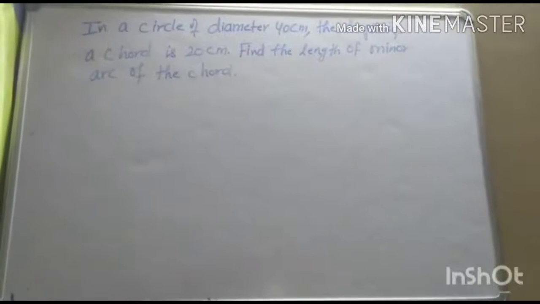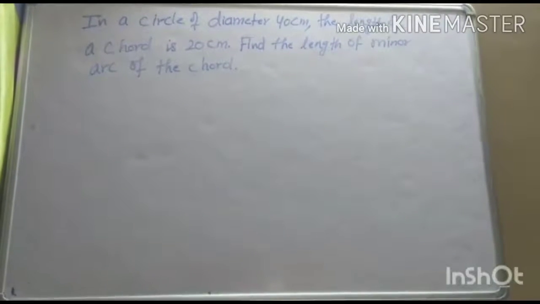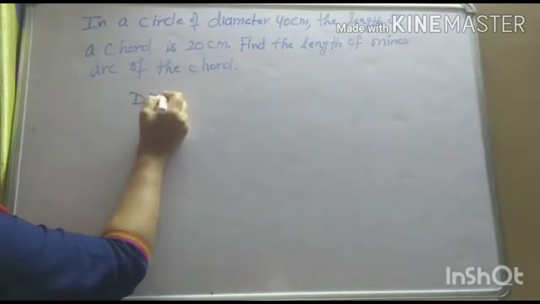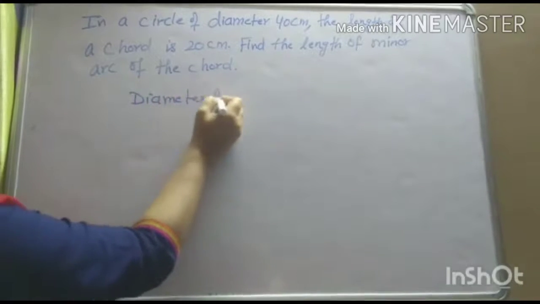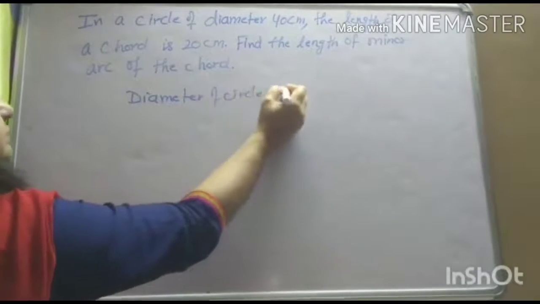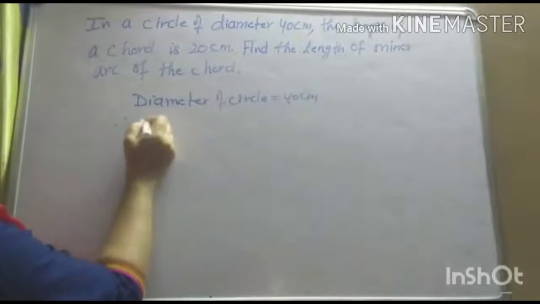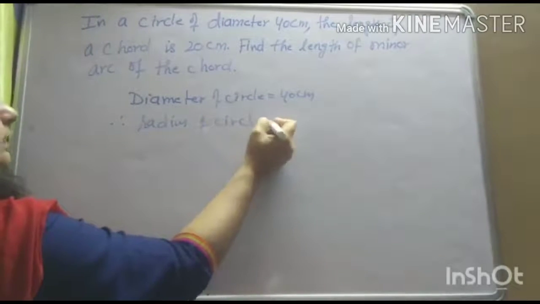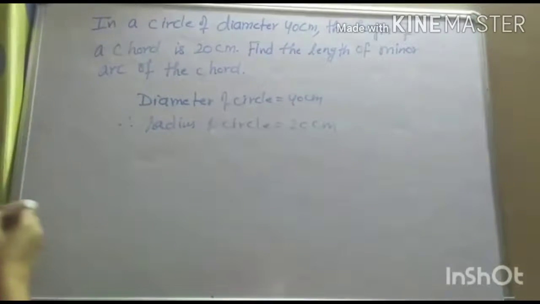Now we will do some questions based on the formula theta is equal to L by R. The first question is, in a circle of diameter 40 centimeter, the length of a chord is 20 centimeter. So the diameter of the circle is 40 centimeter, therefore the radius of the circle is 20 centimeter.